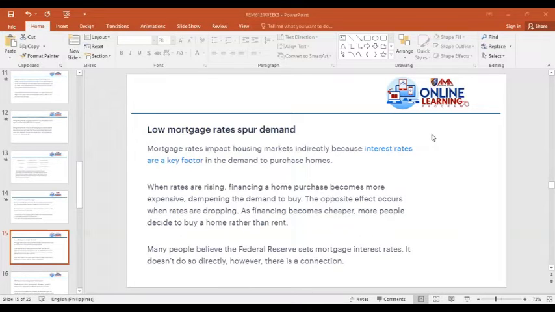Kung maraming buyers na bibili ng mga unit ng bahay, there is a high rising of rates. The opposite effect occurs when rates are dropping. As financing becomes cheaper, more people decide to buy a home rather than rent.